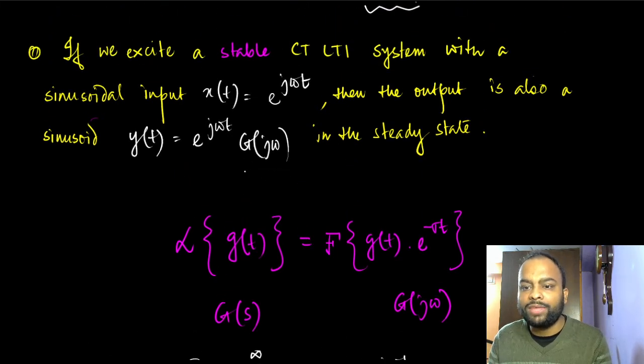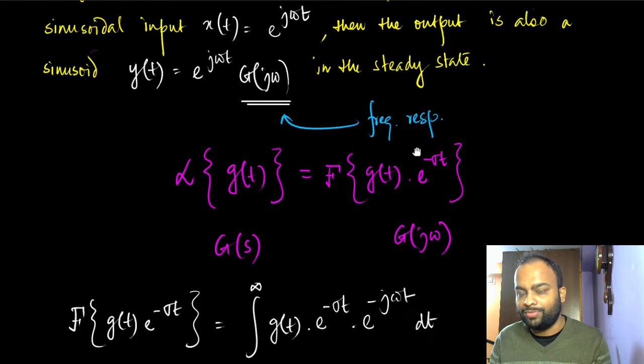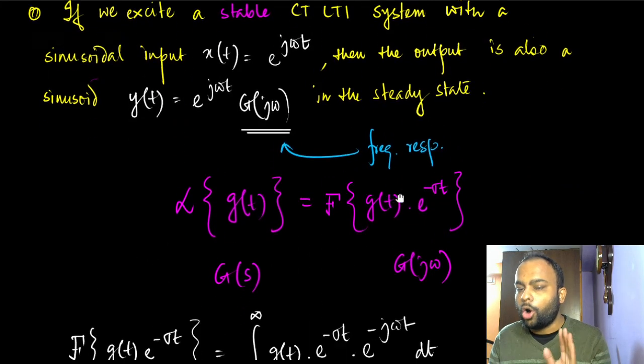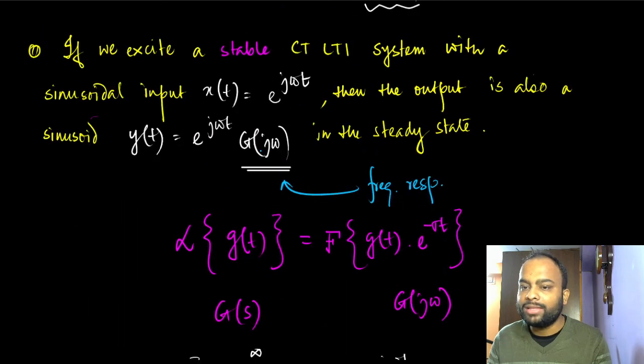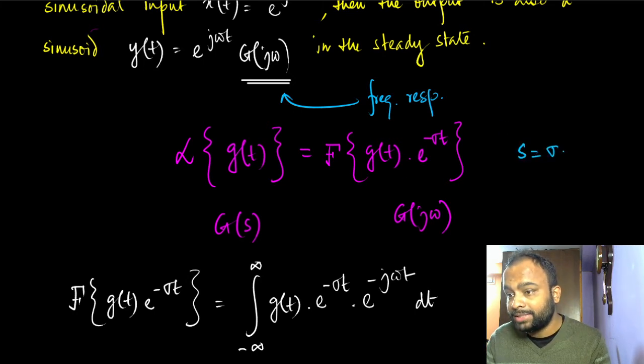This is called the frequency response function, not known as the transfer function, but this G(j omega) is known as the frequency response function. I'm going to explain why that is called the frequency response function. But in any case, all you have to do in order to get this G(j omega) is just replace s with j omega, or very specifically, s is nothing but sigma plus j omega, as we just have seen, and we just write sigma equal to 0.